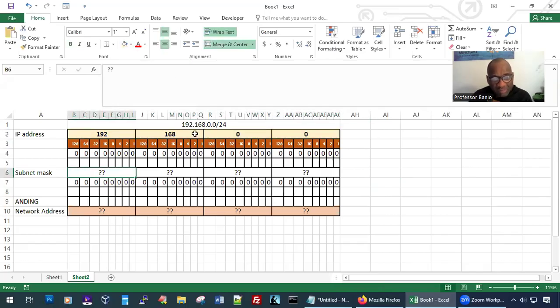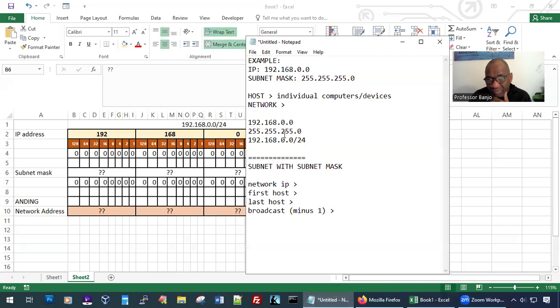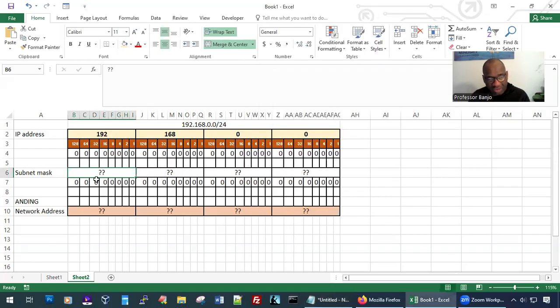And then here's my subnet mask. Remember what we said, the subnet mask is 255.255.255.0. So what does that mean? Let's just put it here so we can understand. 255.255.255.0. All right. Now, how do we get this 255? What does it really mean?